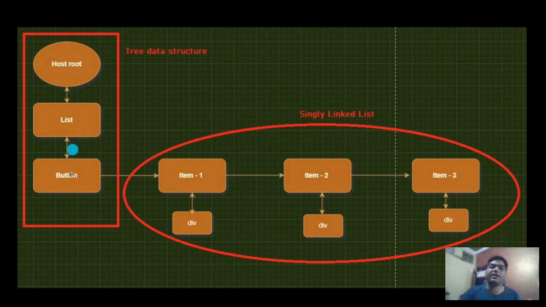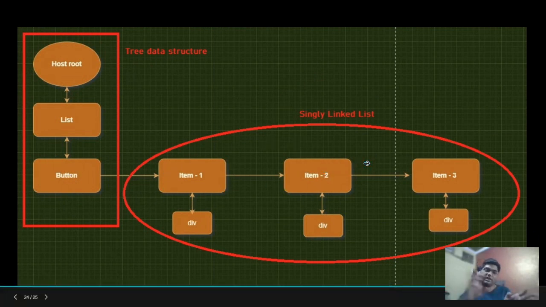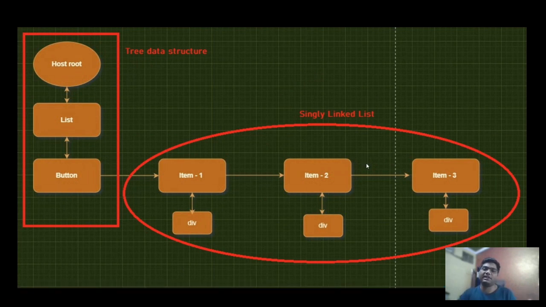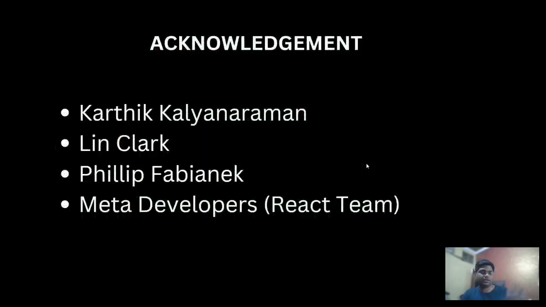React components form tree-like structures, and React elements, which are nothing but siblings, form the structure with the help of a single linked list. They are interrelated with the help of a single linked list. So these two data structures, the tree and the single linked list, are replacing the previous one, which was the stack implementation.